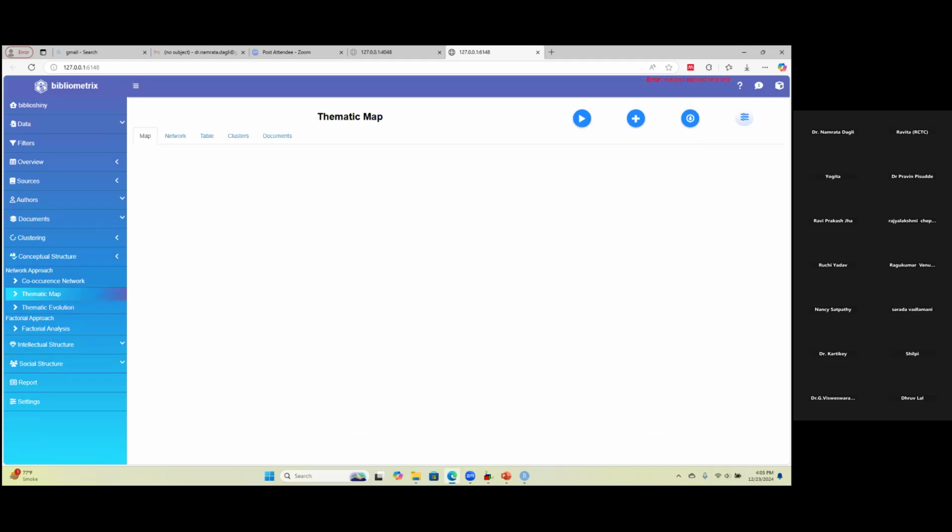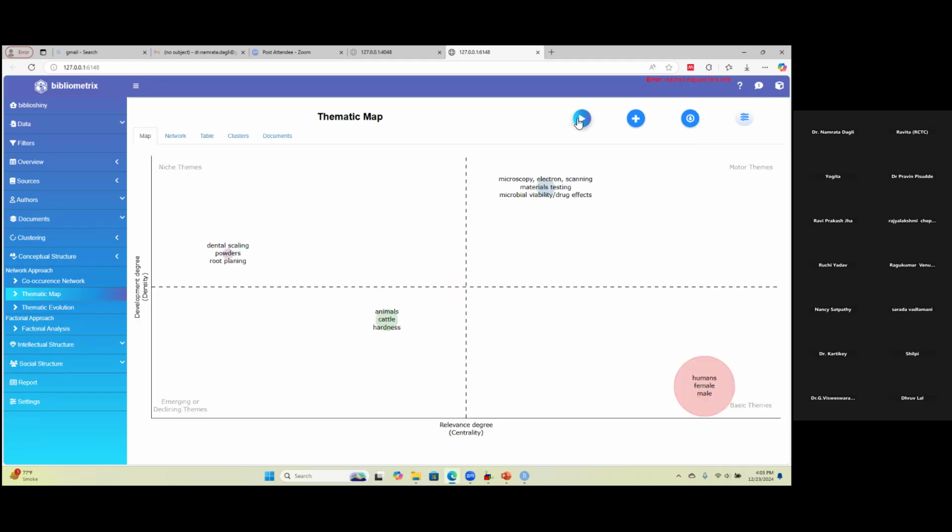Matrix map. This is a thematic map where there are 4 areas based on their density and their centrality.